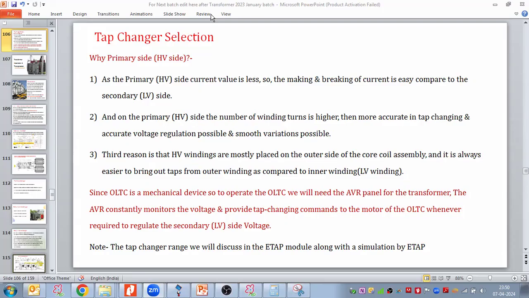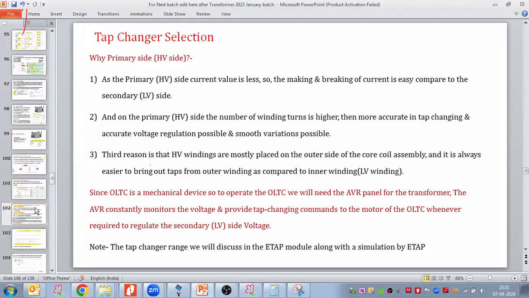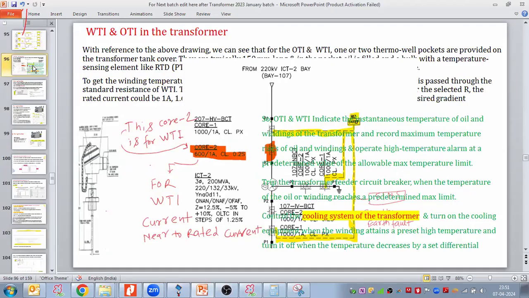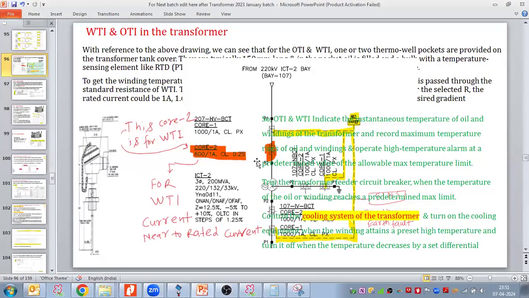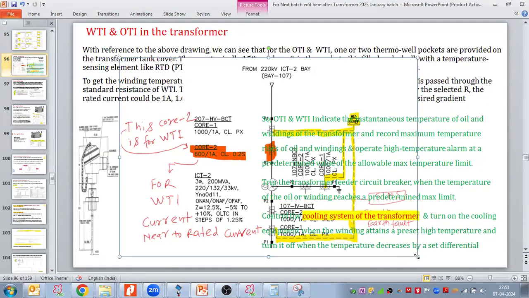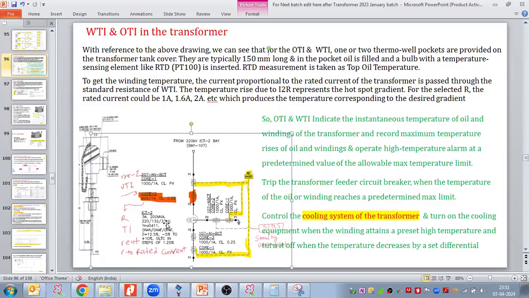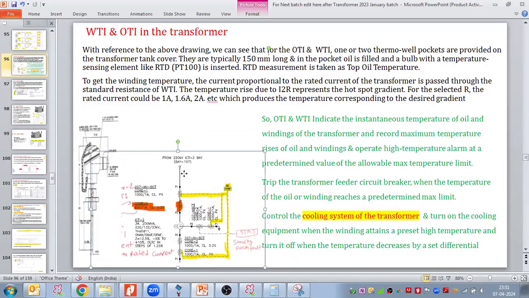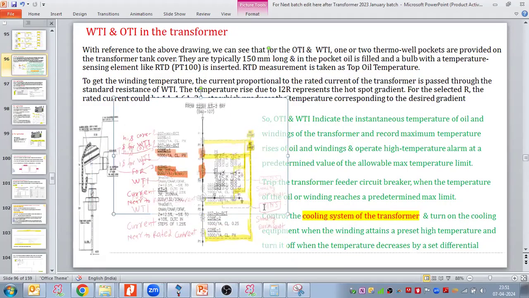Sir, one doubt in slide number 96. Let me go there. Sir, in this one, the transformer bushing CTs are selected at 1000 ampere, but in the case of core 2 for WTI, we have selected only 600 ampere.